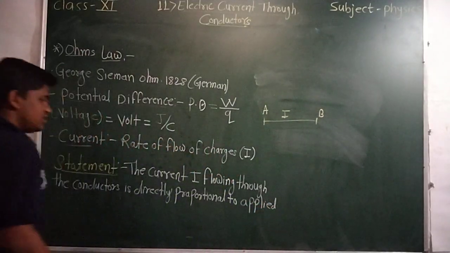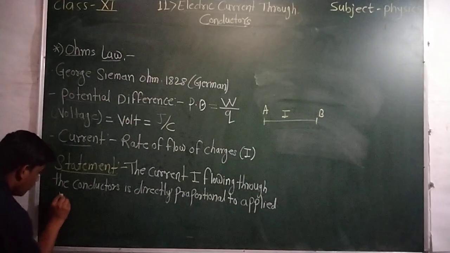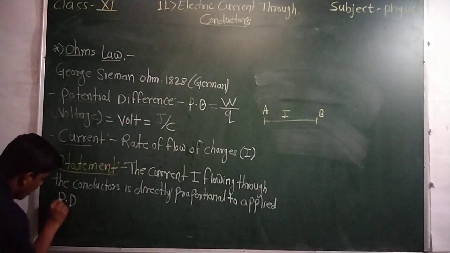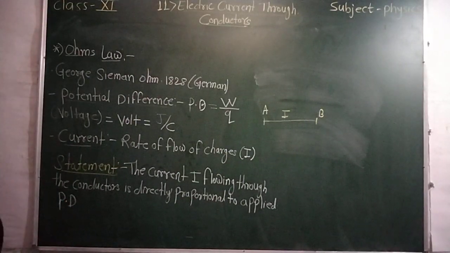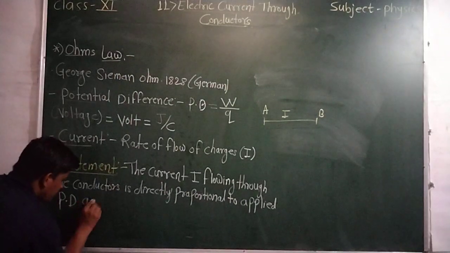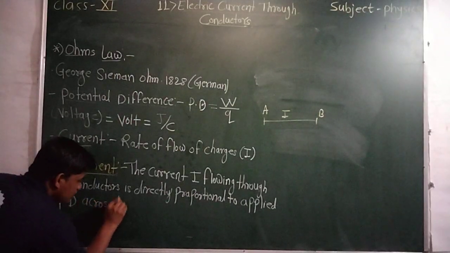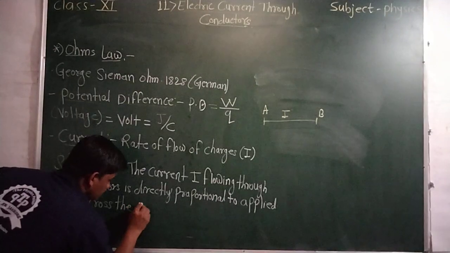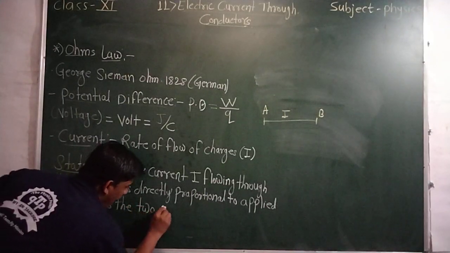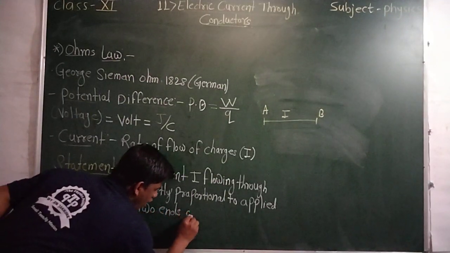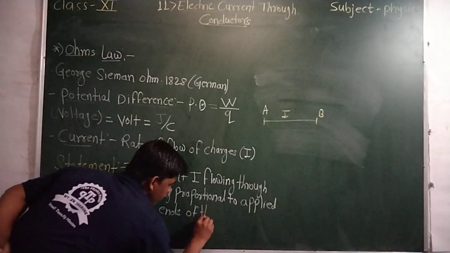Applied potential difference can be denoted by the short form PD. It is the potential difference across the two ends of the conductor.